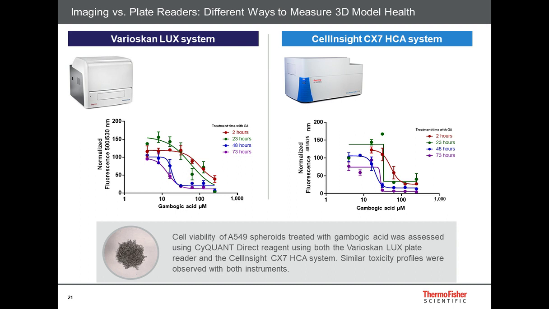If we just want quantitative information, the VarioSkan plate reader can provide similar results, but in a much quicker analysis. We can report similar toxicity profiles with both instruments. It really just depends on what the desired output is of this experiment. Is it just the quantitative evaluation of viability, or is it that plus the localization of individual cells within the images?